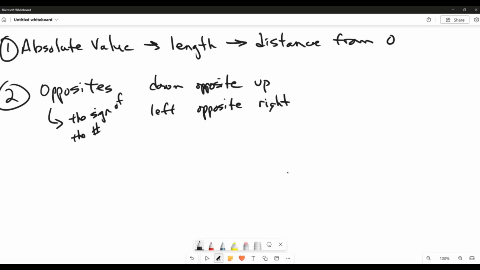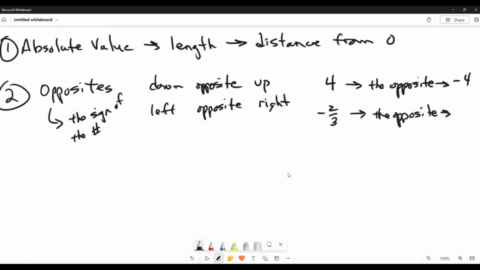So if I have positive 4, the opposite is negative 4. If I have negative 2/3, the opposite is positive 2/3.